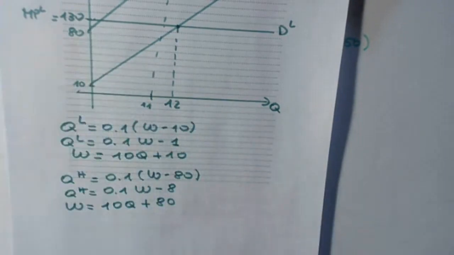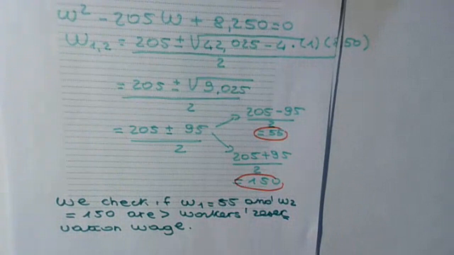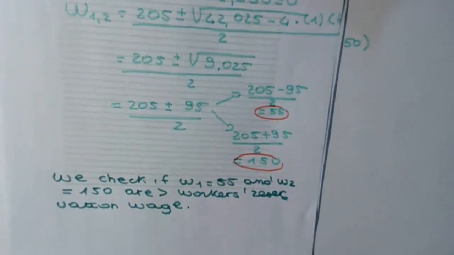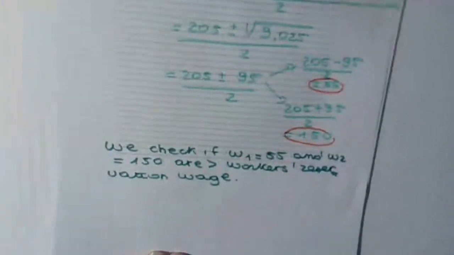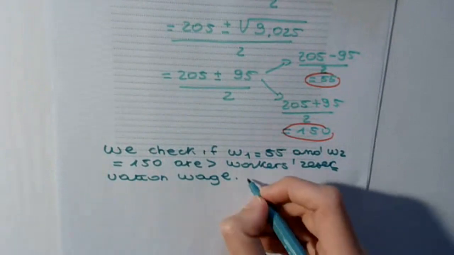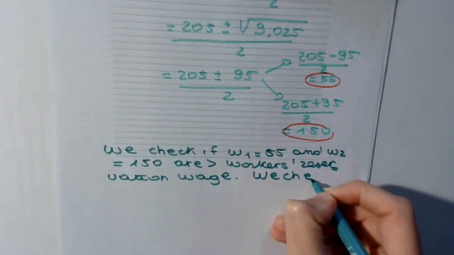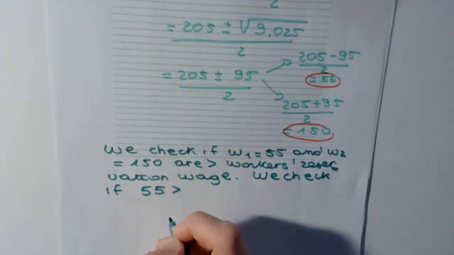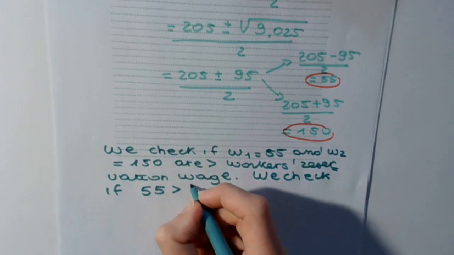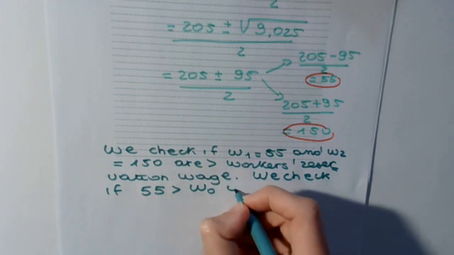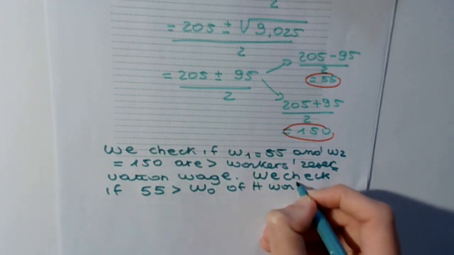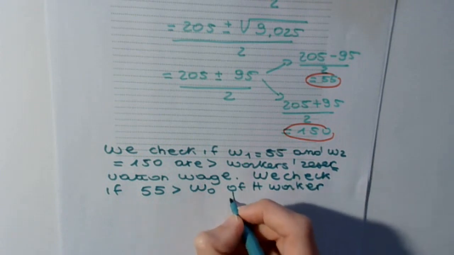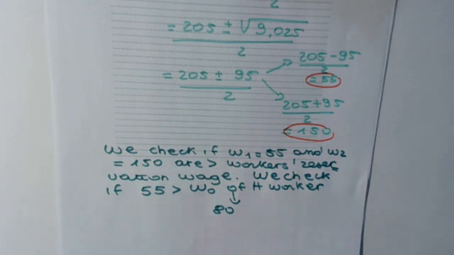If it is okay for the H worker, it is okay also for the L worker, okay? So, in particular, and now I write it here, okay? So, we check if 55 is higher than the reservation wage, we call it W0, of H worker. And this reservation wage, in our case, is 80 because it is given basically by the intercept. That's the reservation wage, okay?